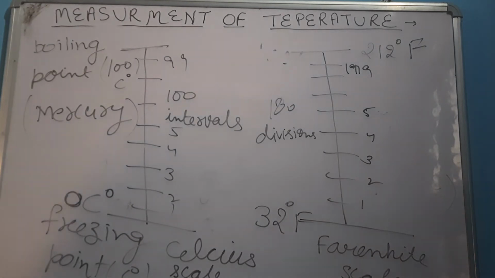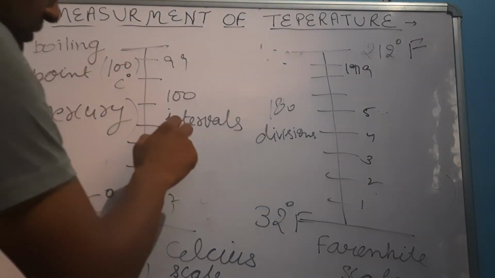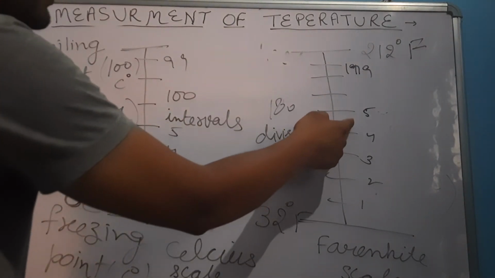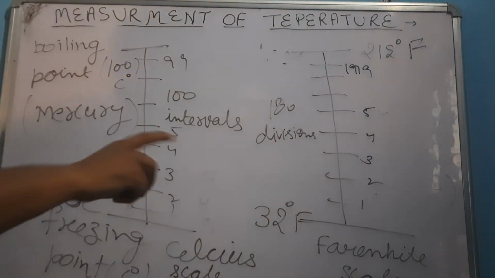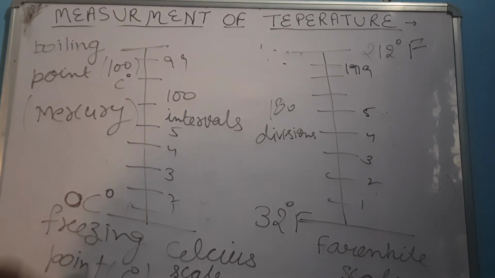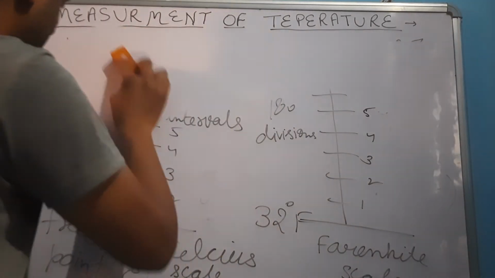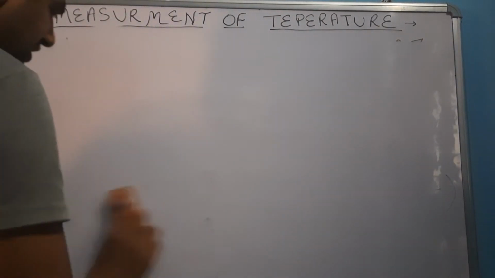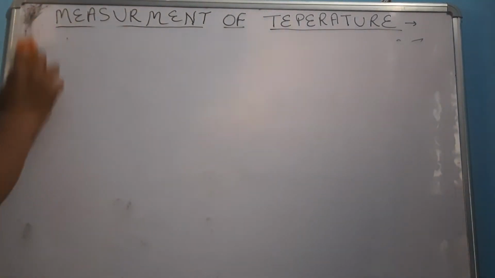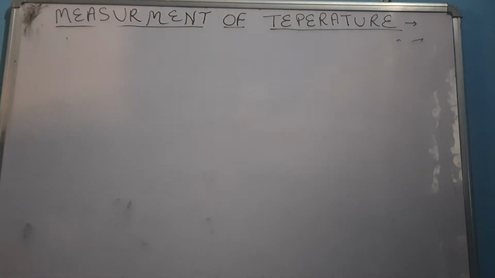So if we want to go from one thermometer scale to the other and bring a relation between those two temperature measuring scales, then we have to derive a relation, and we will see that. First of all, we will derive a graph between these two measuring scales.